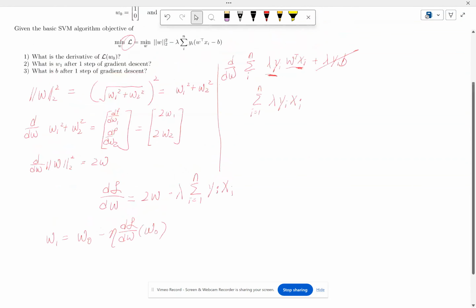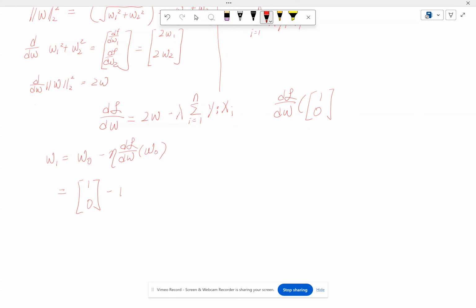So let's see, what did I say? The step size is equal to 1, and w0 is 1, 0. So we're going to say this is equal to 1, 0 minus 1, and we need to plug in dL dw at 1, 0, because that's w0.